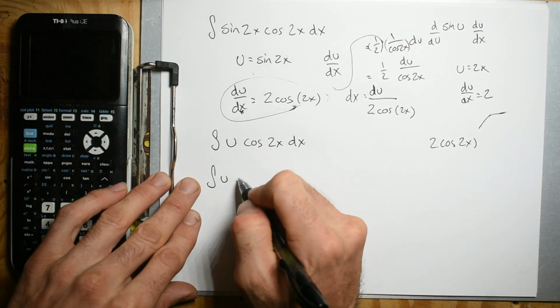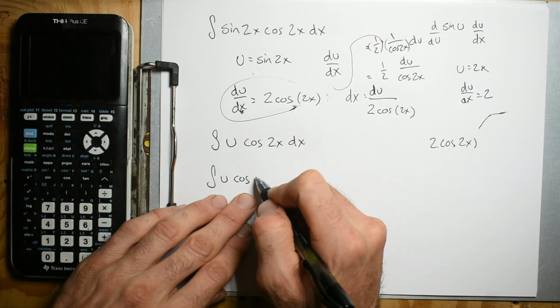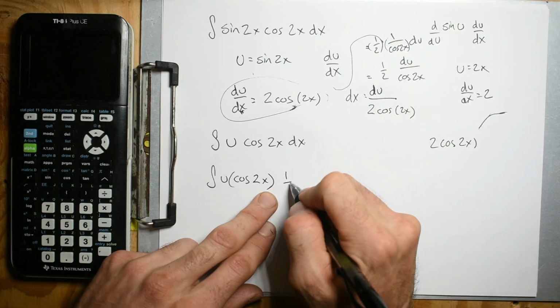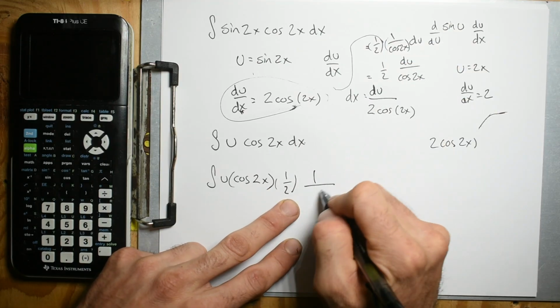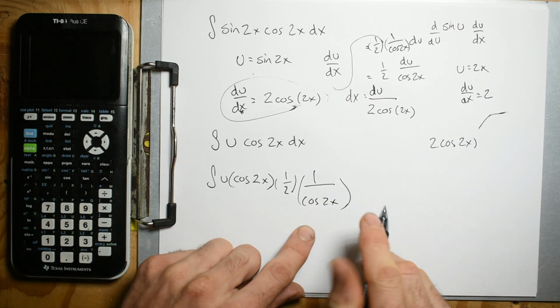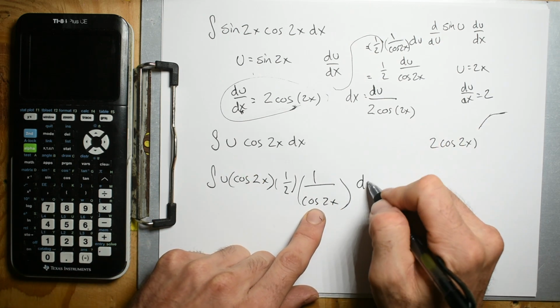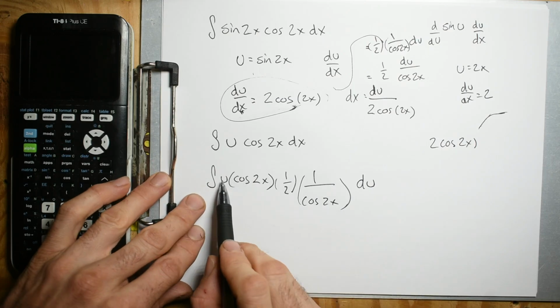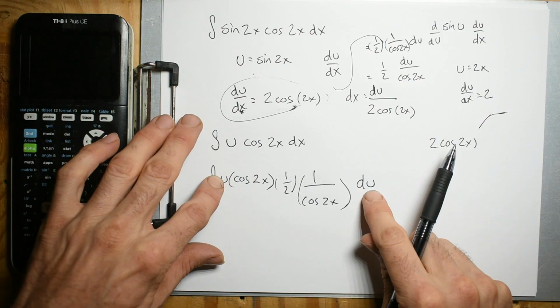So we're going to have the integral of u cosine 2x. I'm going to put that in parentheses. This dx is coming in hot, and we're going to have 1 divided by cosine 2x. See how those cancel? That's going to be the juice. And then we have this du. The whole thing about this is we can't integrate the u du part.